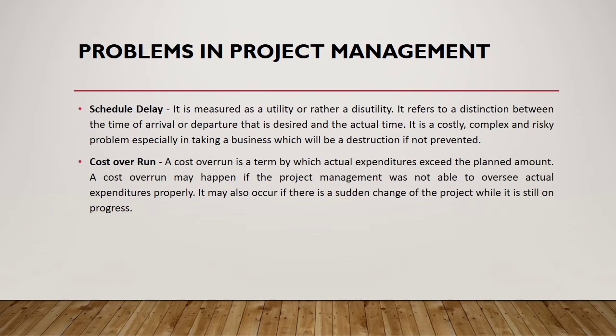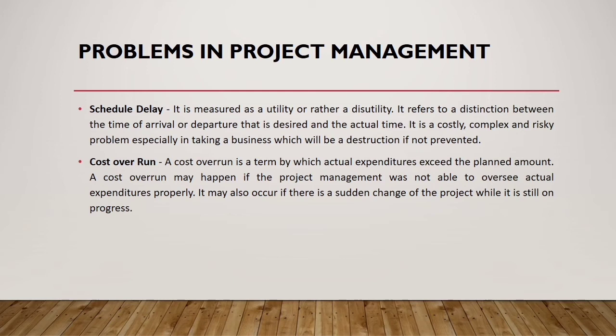Here are the problems in project management. First, let us know what schedule delay is. Schedule delay is measured as a utility. It refers to the difference between the desired time of arrival or departure and the actual time. The next one is what we call cost overrun.